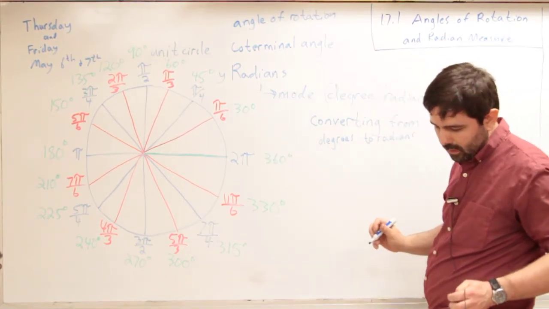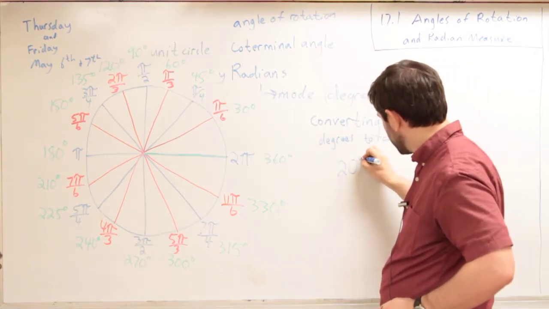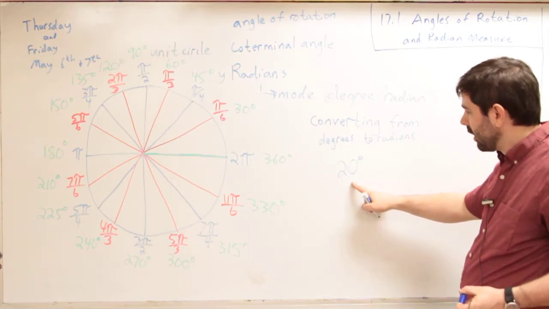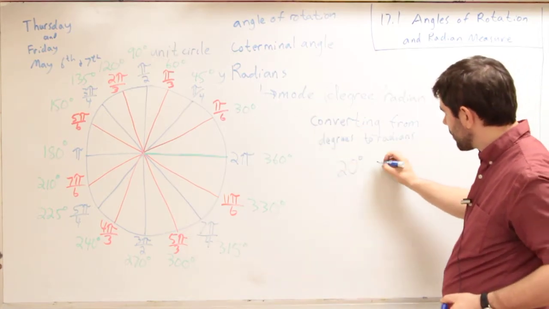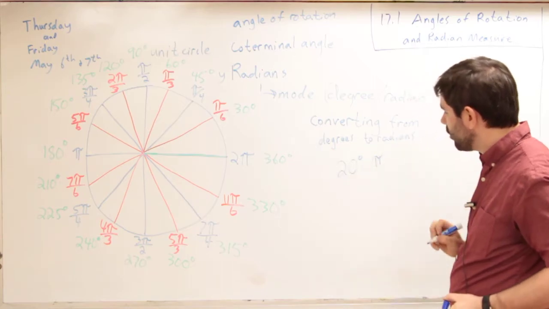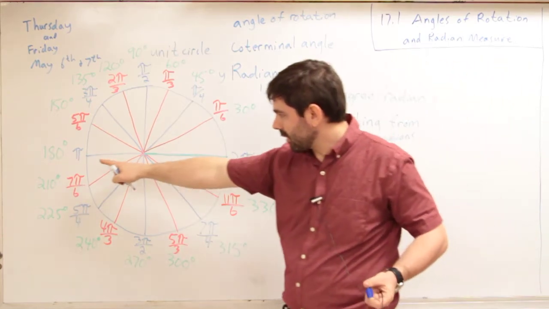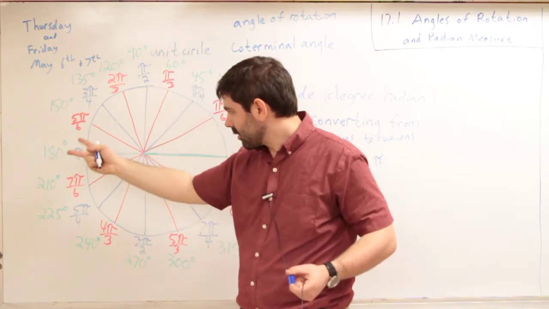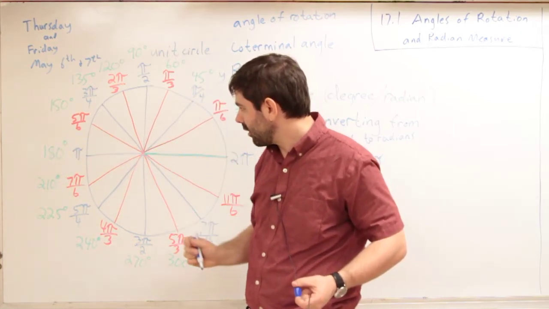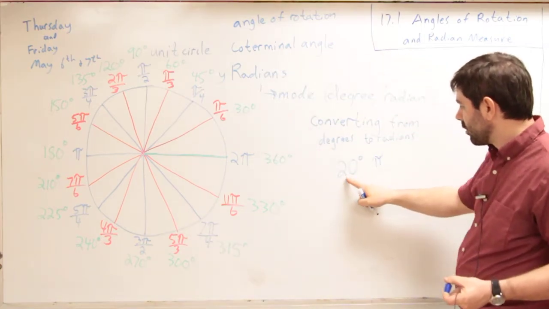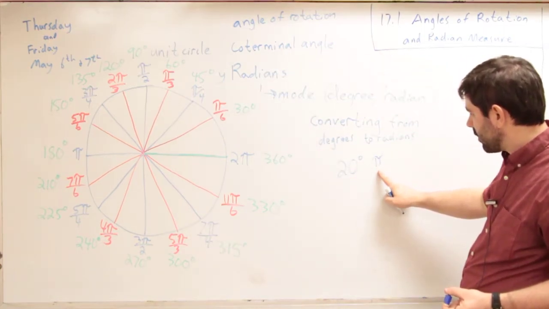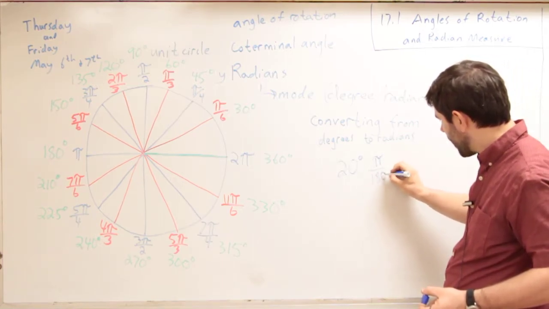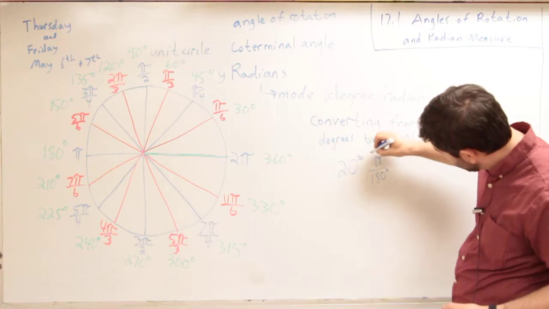So if you were given 20 degrees and asked to convert this into radians, well, we just multiply it by a factor. We want pi to be in there somewhere, so there's going to be pi in the numerator, and we just use this over here. In pi radians, there's 180 degrees. So you can switch them from the numerator and denominator. We want to go from degrees to radians, so we're going to put pi in the numerator, degrees in the denominator, and actually you can think about it as our degrees will cancel out.